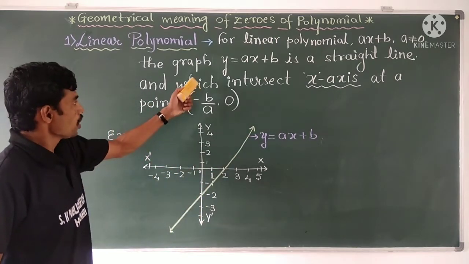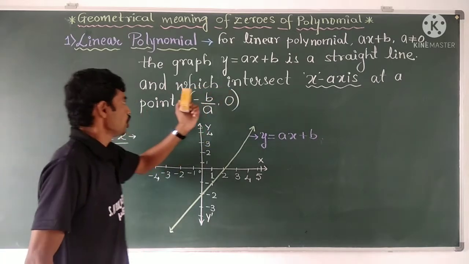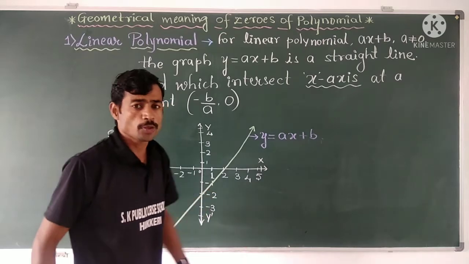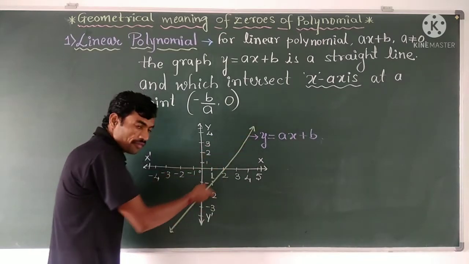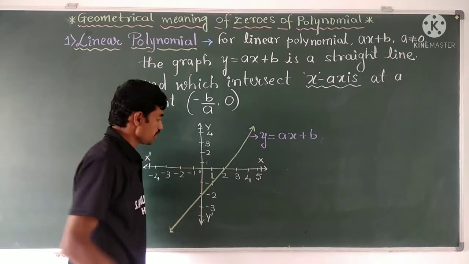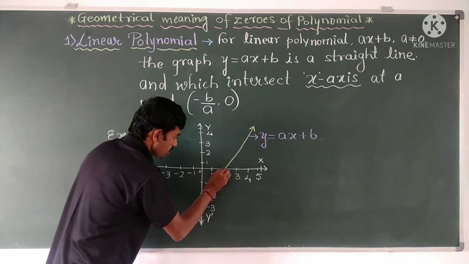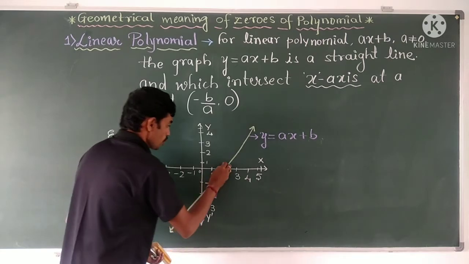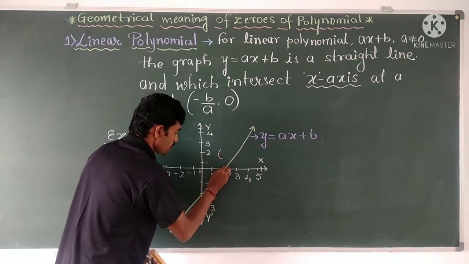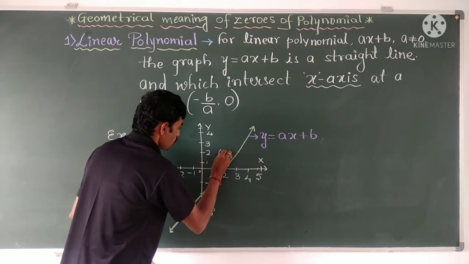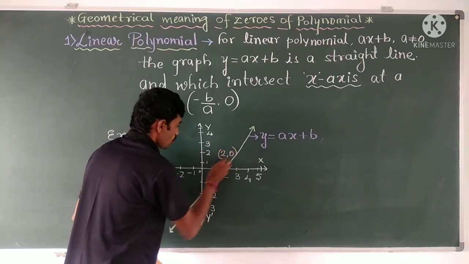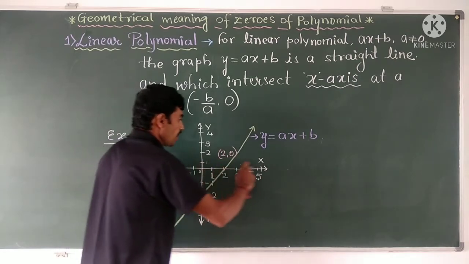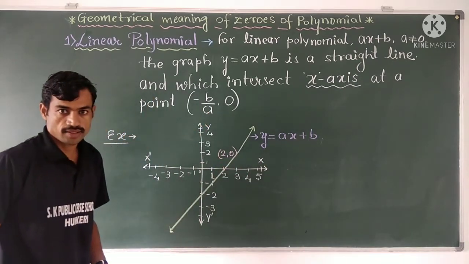Look here, there is one point where the graph, a straight line, intersects the x-axis, that is at 2. The coordinates of this point are 2, 0: the x coordinate is 2, the y coordinate is 0, and it lies on the x-axis. Clear?